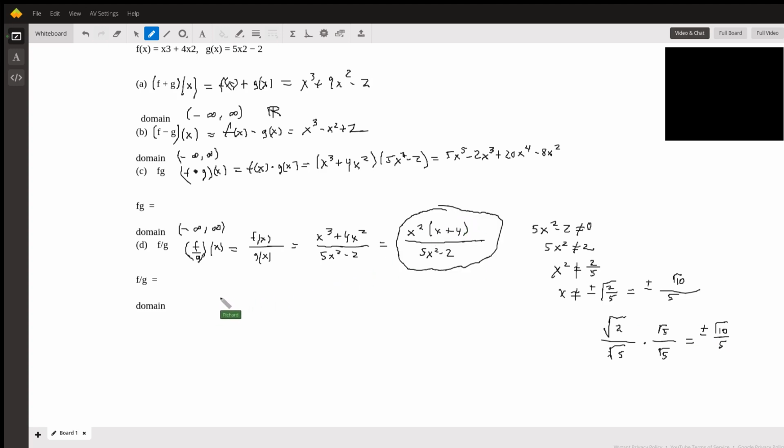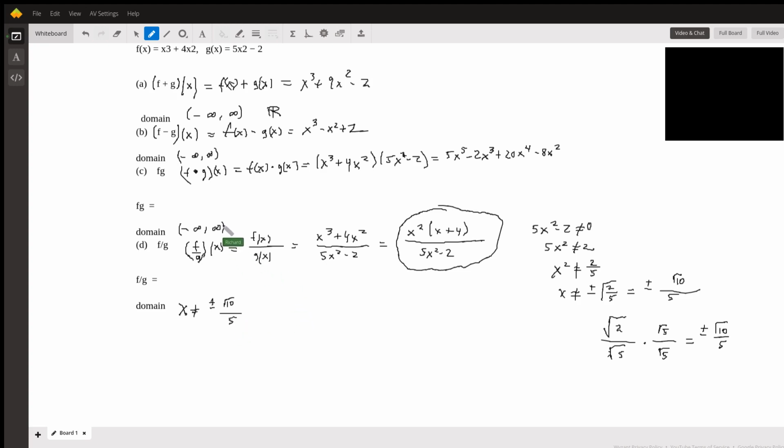And for the domain, sometimes the teachers will let you get away with a little shorthand here. You would just say x is not equal to plus or minus square root of 10 over 5.